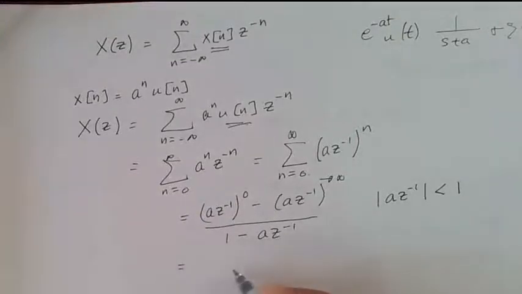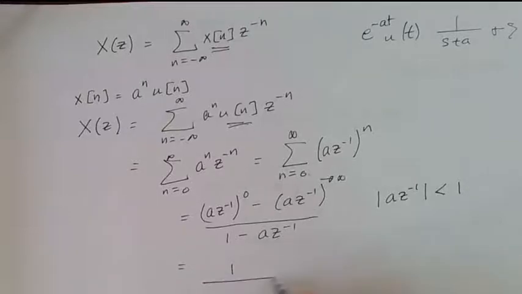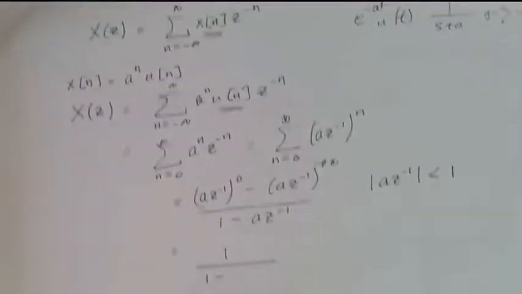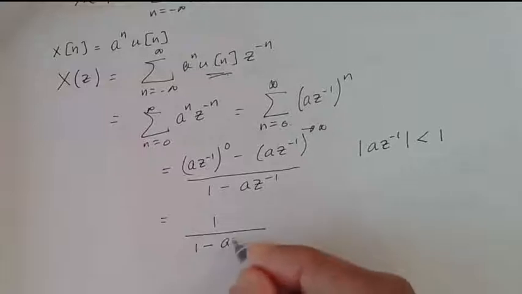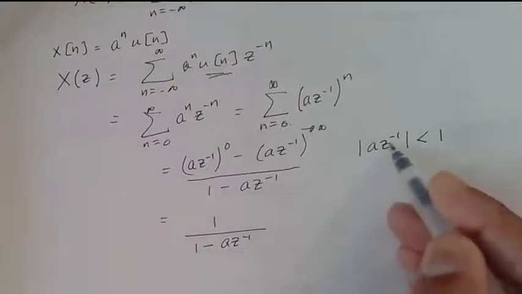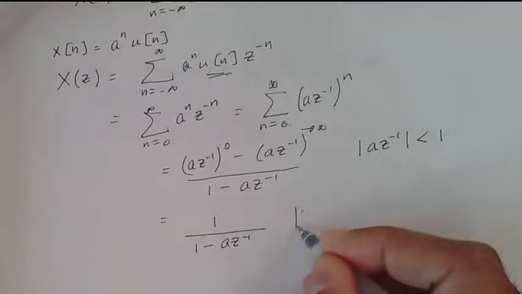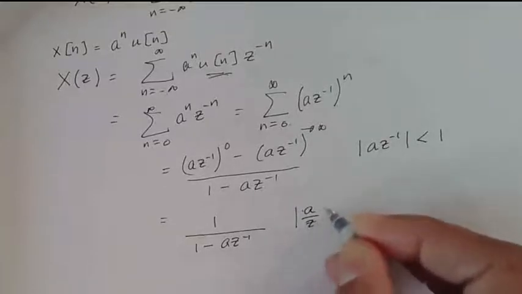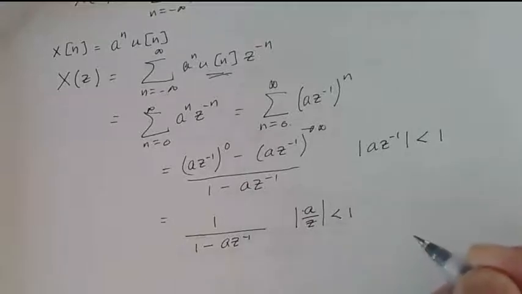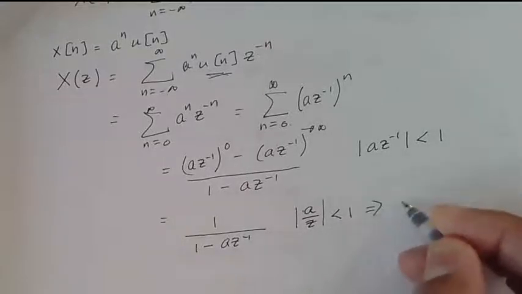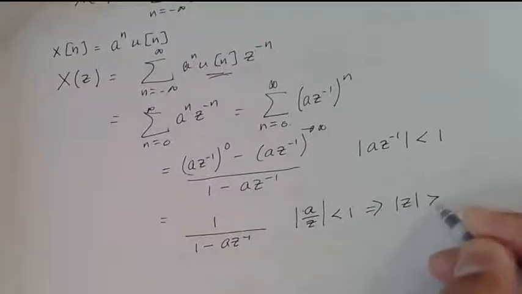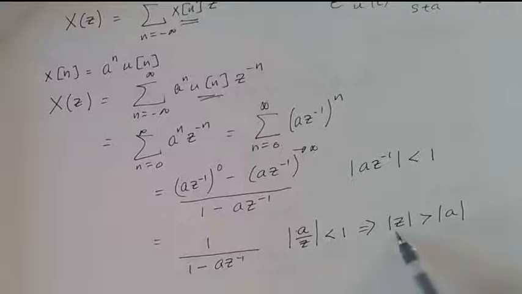So that's equal to 1 minus 0 over 1 minus a z to the minus 1, and I have the magnitude of a z to the minus 1 less than 1, or that is the same as saying the magnitude of a over z is less than 1. Which means the magnitude of z is greater than the magnitude of a. So our region of convergence are all those values of z for which the magnitude is greater than the magnitude of a.